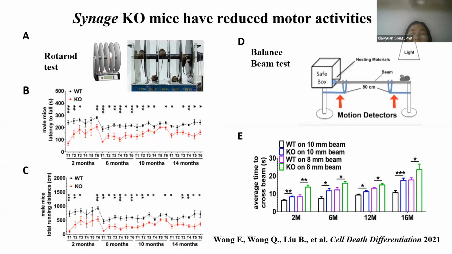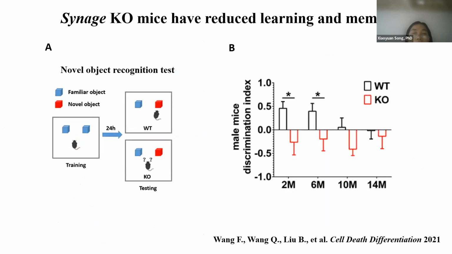And the balance beam test also shows that the motor activity in knockout is reduced. Additionally, we show that knockout of Synage reduces learning and memory activity. This is revealed by the novel object recognition test.